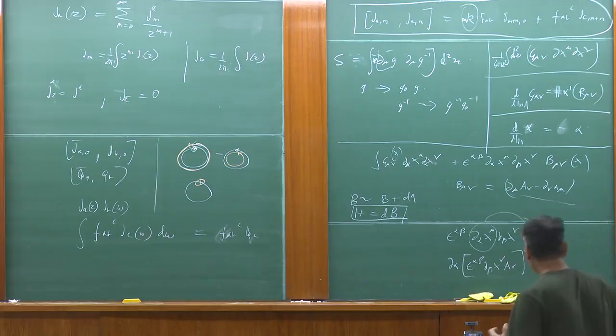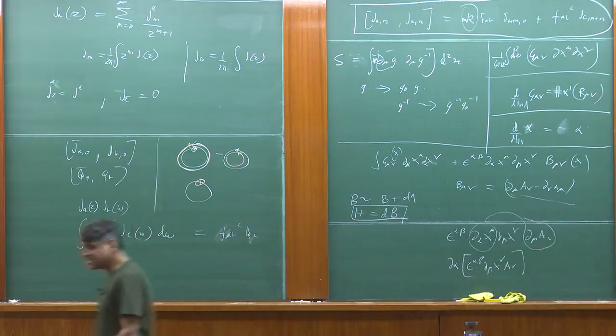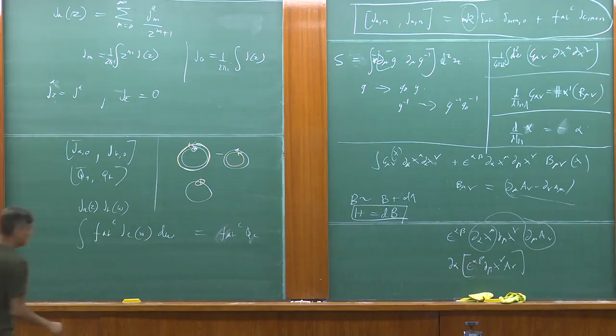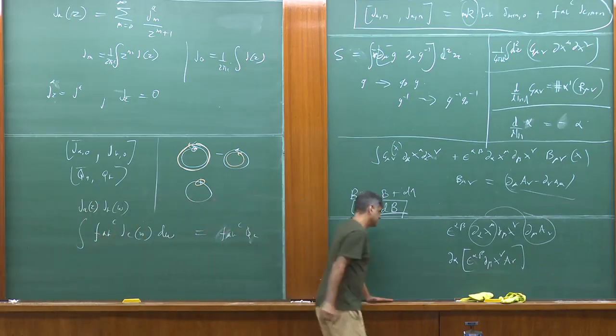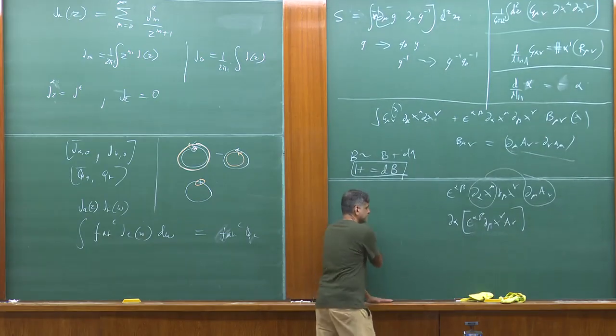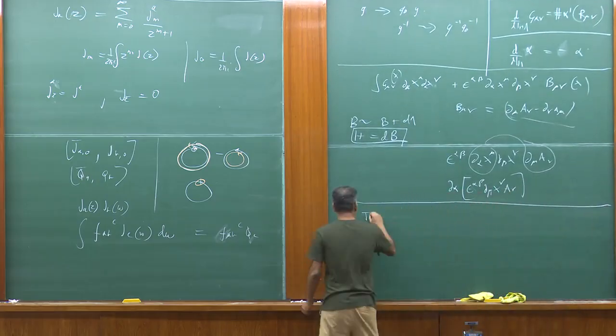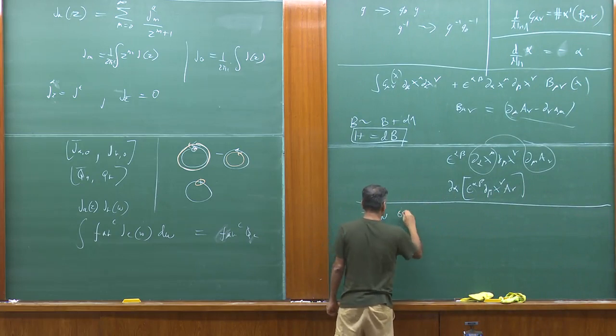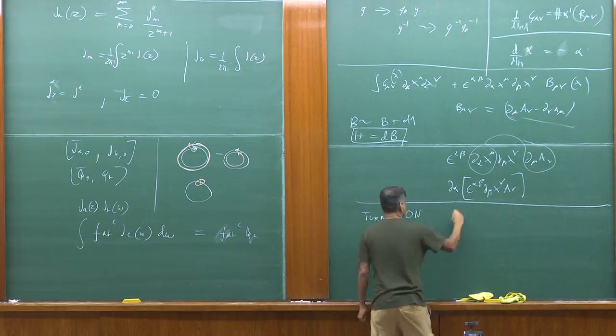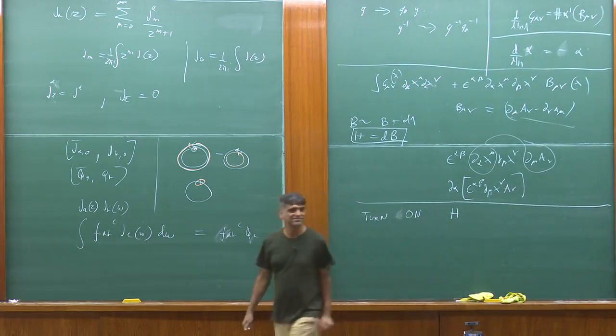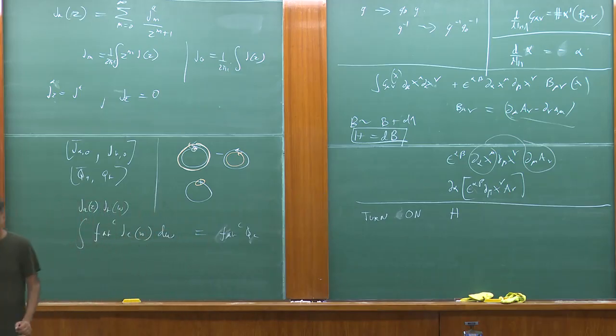So turning on an H, which is this round 3-sphere. So the idea is turn on H, in a round way. That's the second thing you can do.